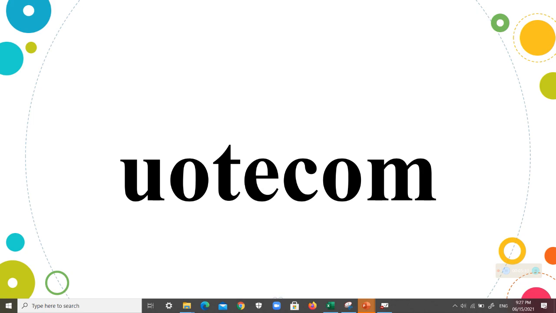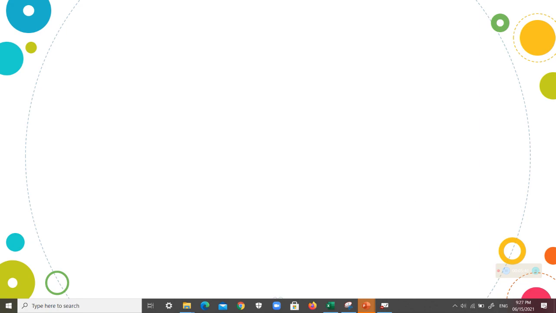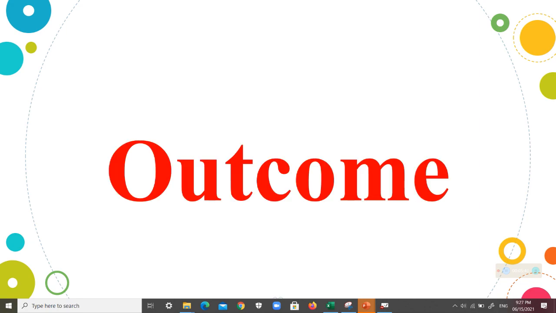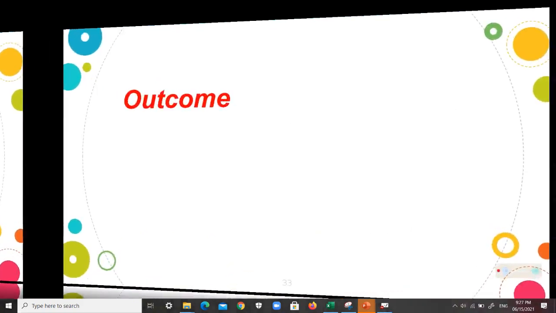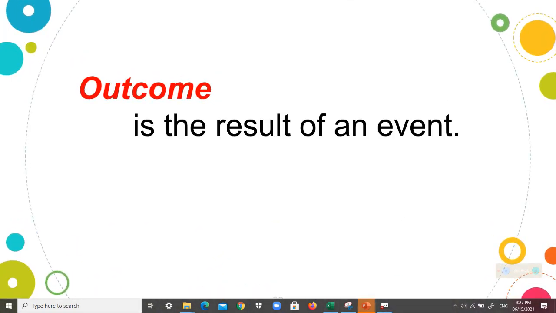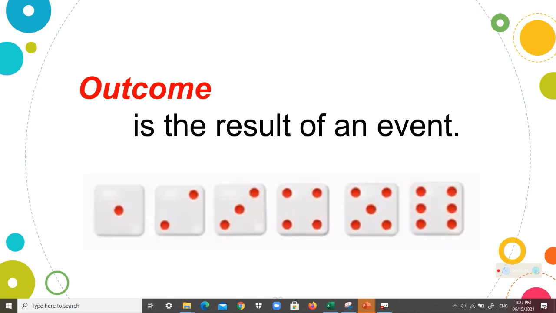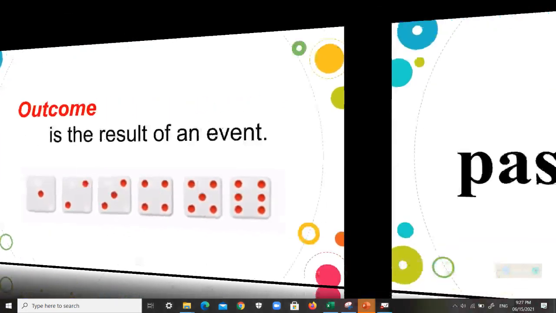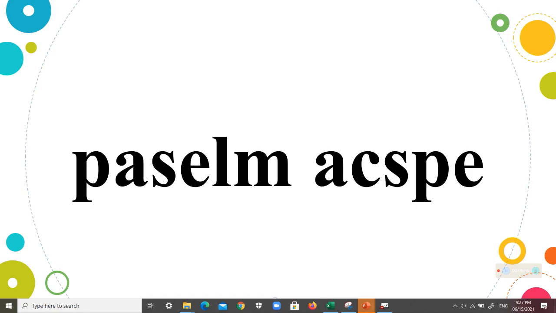How about the word out of these letters that you can form? That's correct. The word here is outcome. The definition of outcome is a result of an event. So we have here the examples of outcome in rolling a die. It may be from 1 to 6. How about this word?